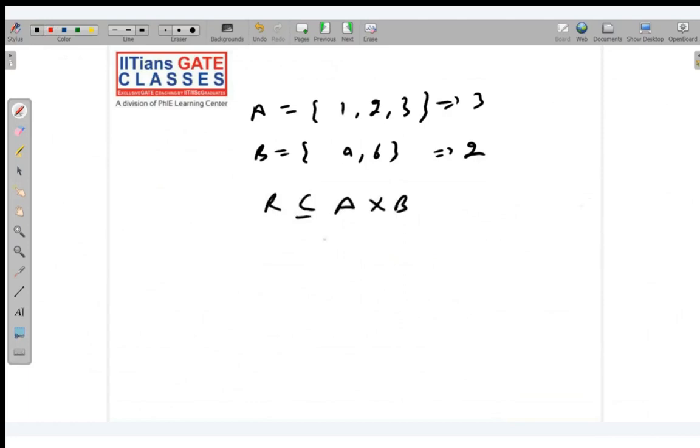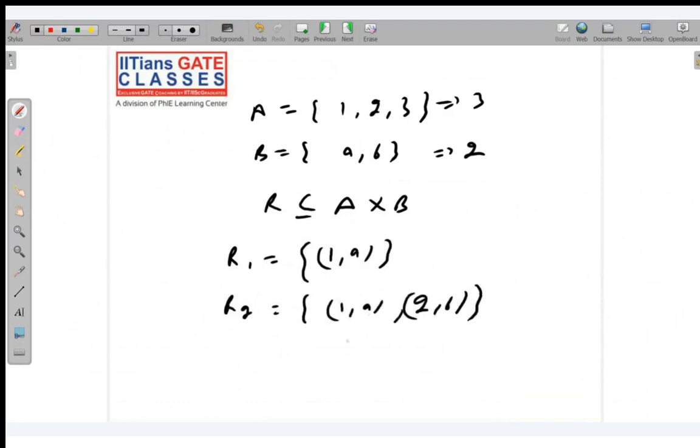So now you can define any relation R1 as (1, a). Very simple. You can define relation R2 as (1, a), (2, b). Okay. And another relation you can define is phi also. Phi is also a relation. You have taken nothing. Are you getting it now? Okay.